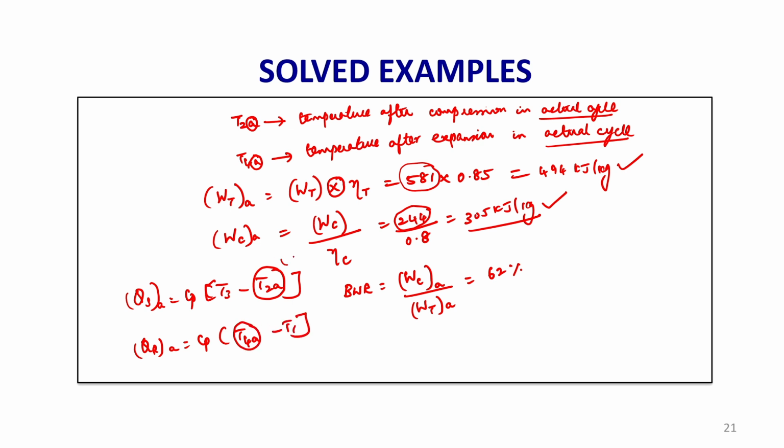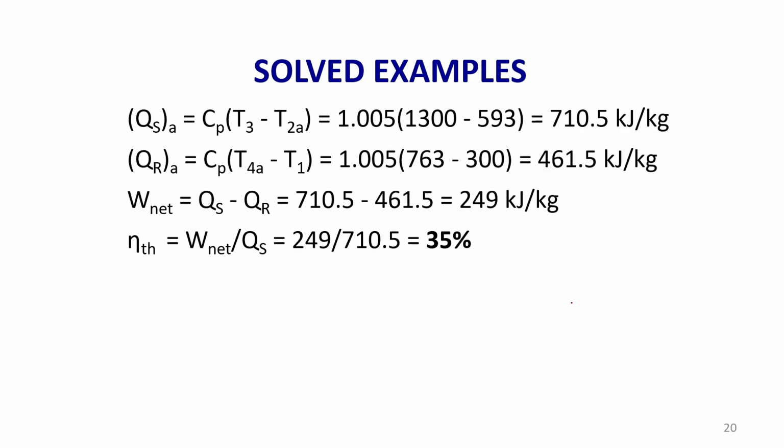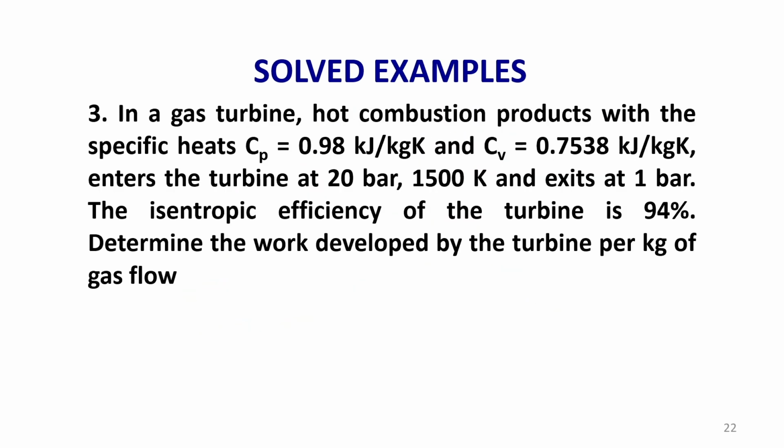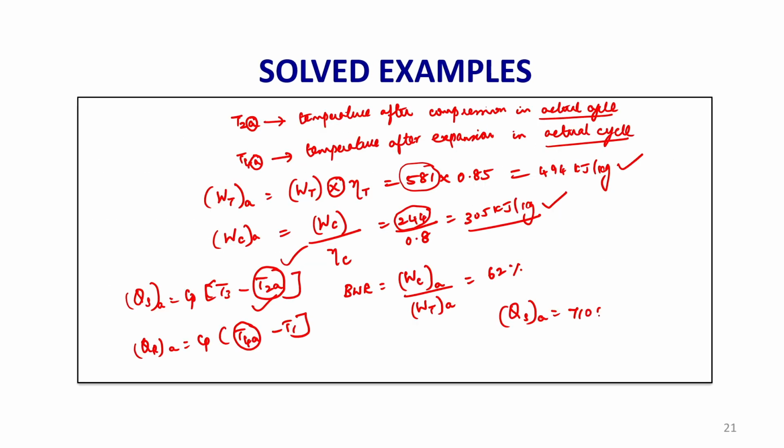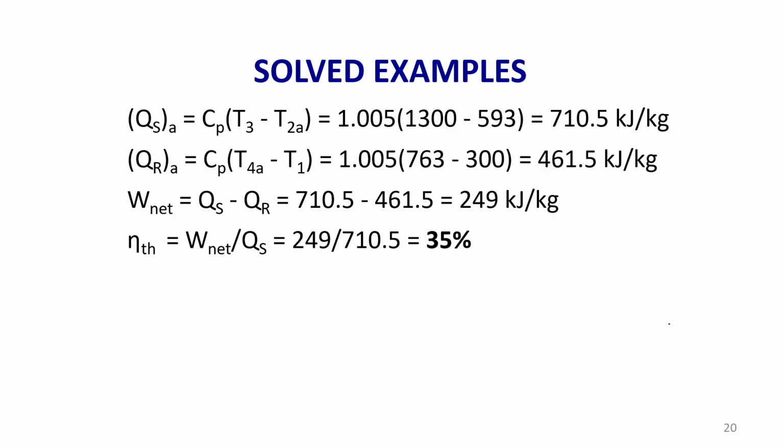So these temperatures are given, and you can find QS actual comes to 710 kilojoule per kg, and QRA is equal to 461.5 kilojoule per kg. So the net work produced will come down.